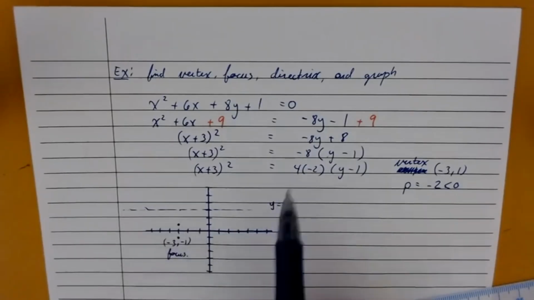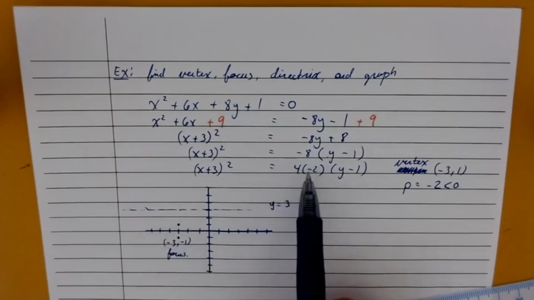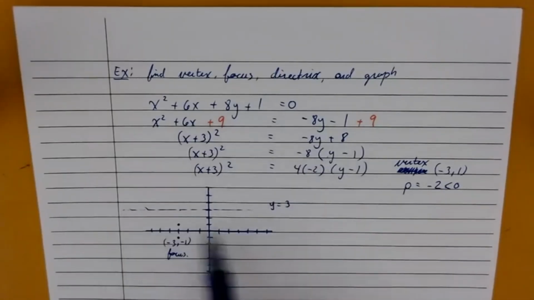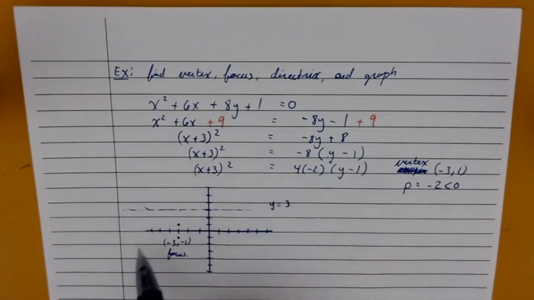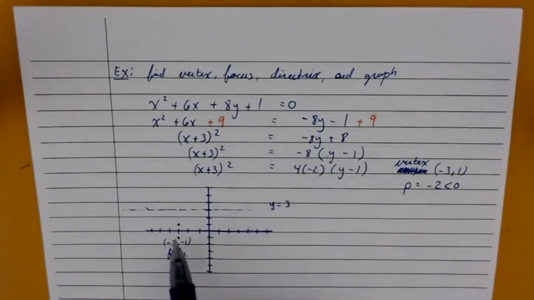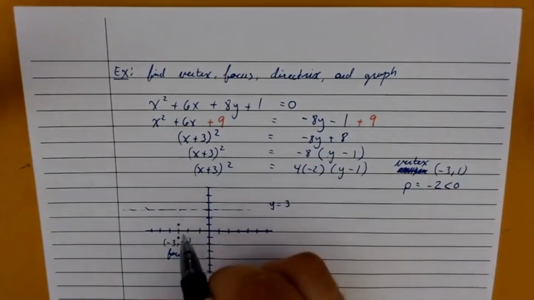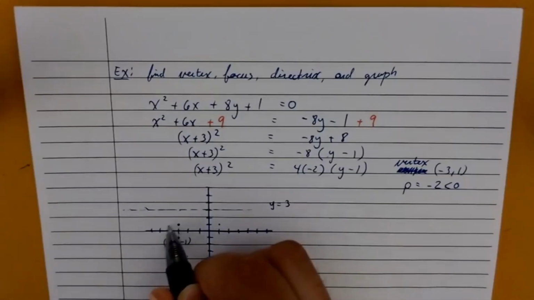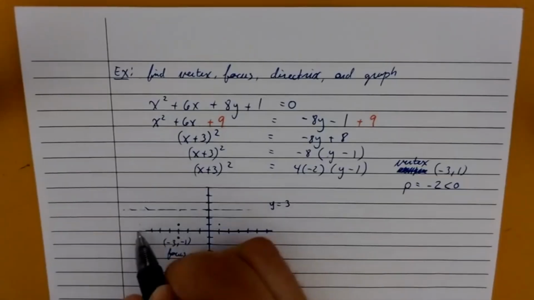It's going to open downwards. Aside from that, the negative doesn't do anything. So here, even though that's a -8, you consider 8 as being the distance. So here, we're going to have a latus rectum that is 8 units across, meaning 4 on either side. So here you're going to go 1, 2, 3, 4 to the left, and 1, 2, 3, 4 to the right.